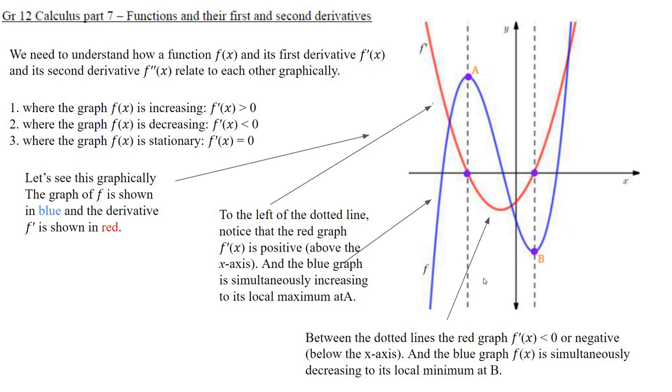Between the two dotted lines, it's going downhill, and it's decreasing. That's why the graph of the derivative dips below the line. Below 0. Look, it's gone down. It's all negative down here.